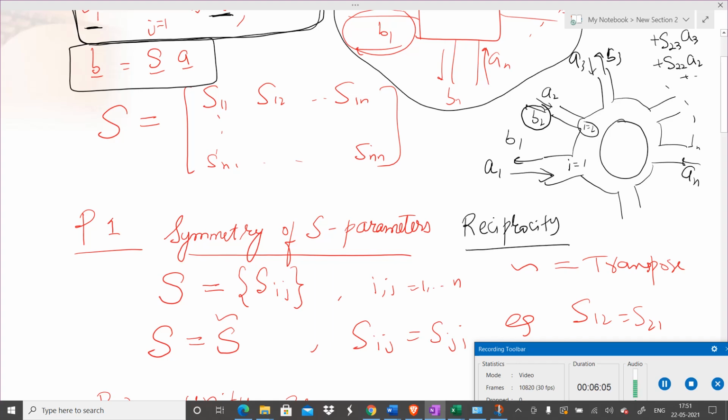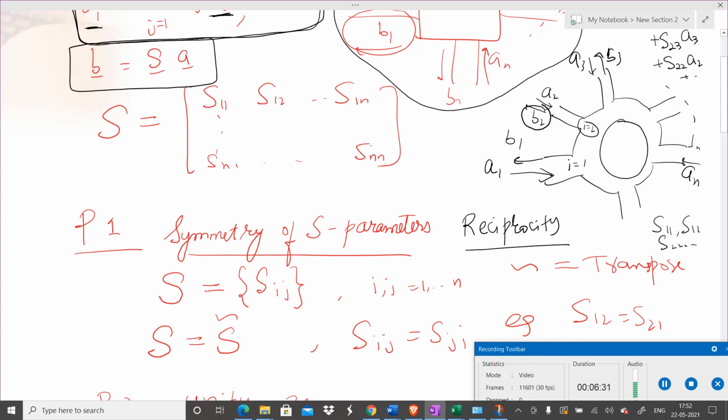Suppose you select port 1 where you are feeding in an electromagnetic wave, transmitting the EM wave at port 1. Then you compute the S parameters. So you will basically get S11, S12, S21, and so on and so forth.